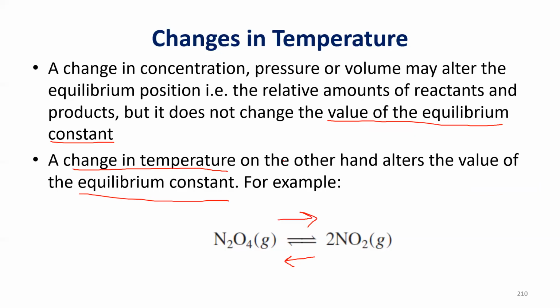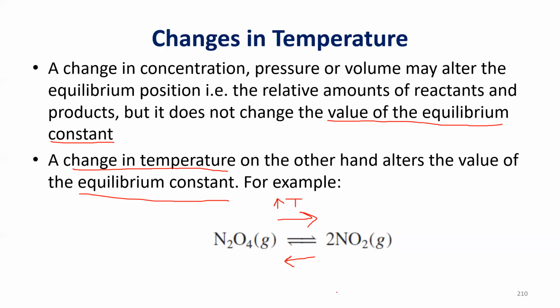If you increase the temperature of this system, it means that you're adding heat, so the system will need to move to offset that increase in heat. Therefore, it will favor the side of the reaction that uses the extra heat that has been introduced. The side that uses extra heat is the endothermic reaction, so the forward reaction is favored by an increase in temperature.